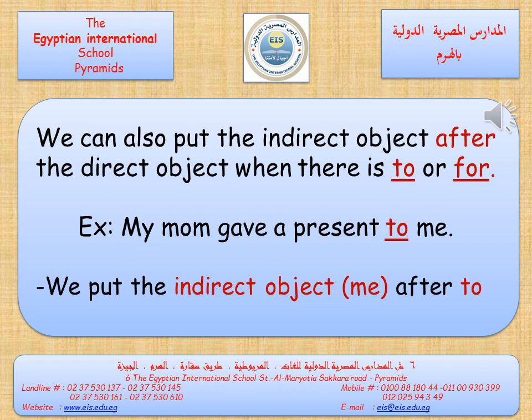My mom is the subject and gave is the verb, and a present is the direct object. Then we have here "to," and after "to" we put what? Me, which is the indirect object.